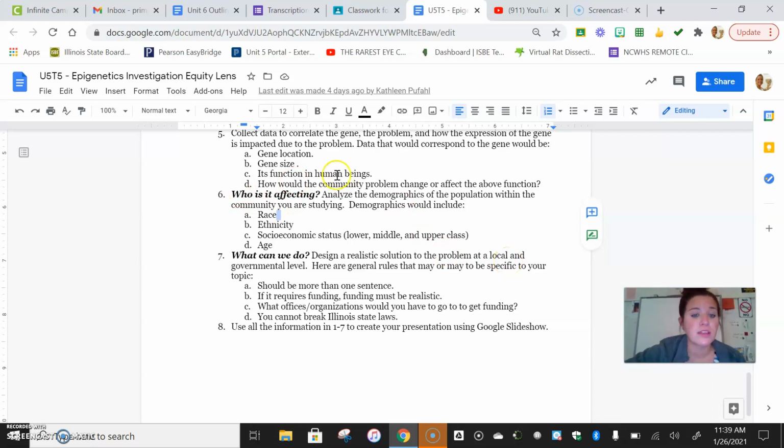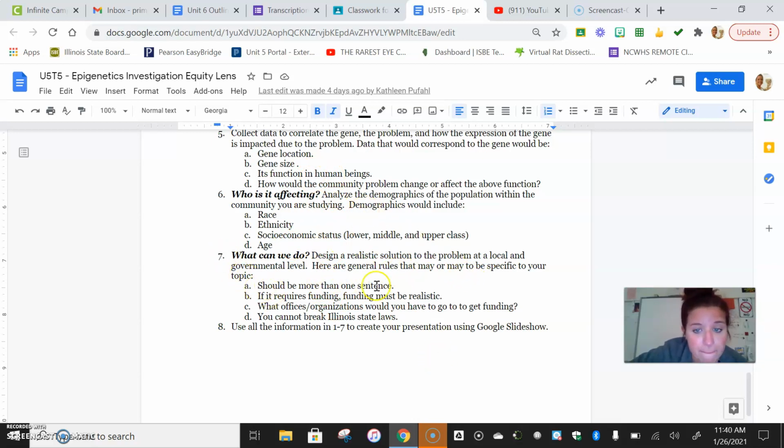Demographics would include race, ethnicity, socioeconomic status, so lower, middle, and upper class, and age. So are there a lot of old people? Are there young people? Is there a combo? Let me know. And then finally, you are going to design a realistic solution to the problem at the local and governmental level.